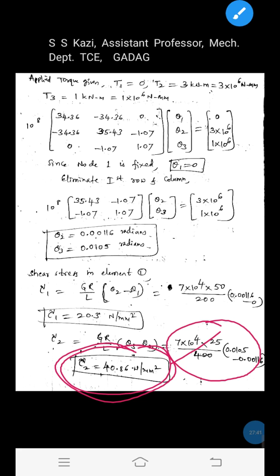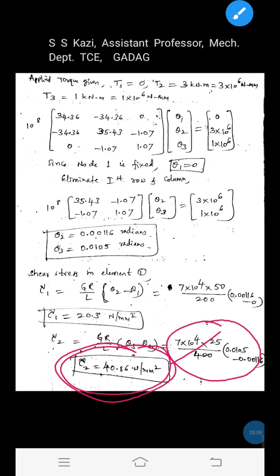Dear students, this is how you need to derive the torsional stiffness matrix for the shaft element subjected to torsion or twisting moment, and this is how you can determine the angle of twist at each node of the shaft element, and the shear stress in each shaft element for the torsion of shafts.